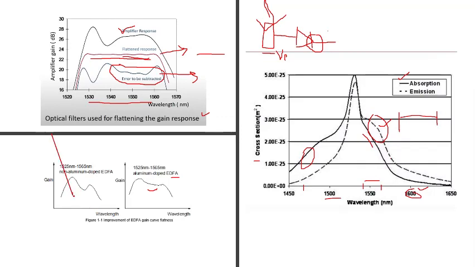As you can see in this figure, the response is not that flat, but with the help of aluminium doping and erbium doping in the EDFA, we get a relatively flat response as compared to this. So these are the two techniques. There are a number of more techniques to get a flat response, but here we are discussing these two only.